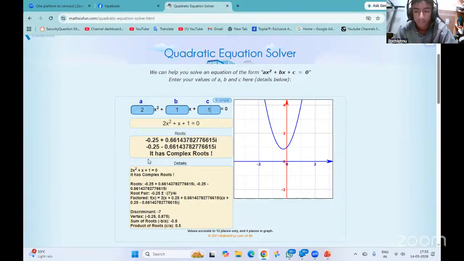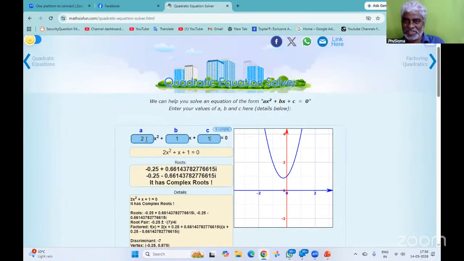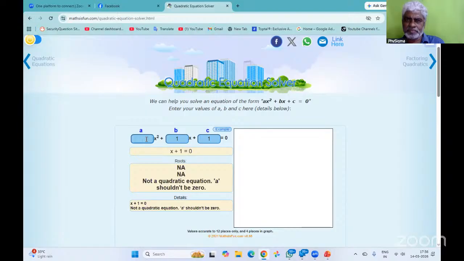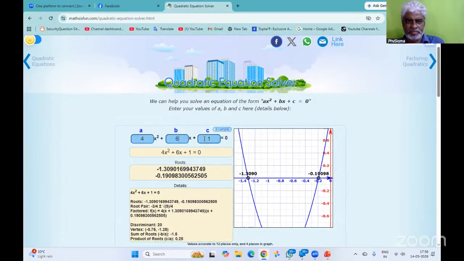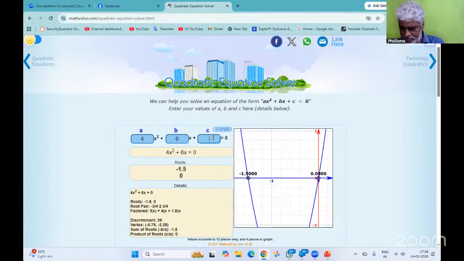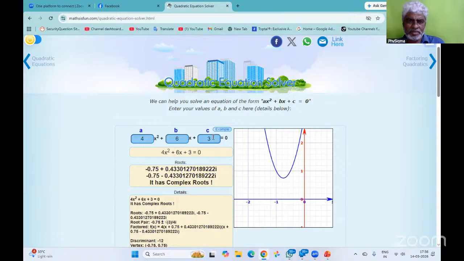Can you give one equation which has roots? 4, 6, and 3. You first check it. What's the value of A? 4. B value? 6. C value? 3. So it also has no roots.